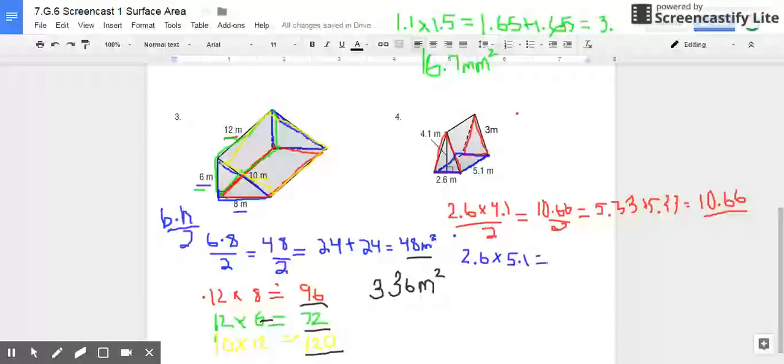So 2.6 times 5.1, we get 13.26. And then we have to add another 13.26 to then find the area of that bottom rectangle.